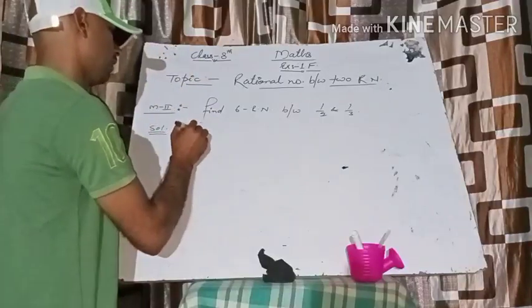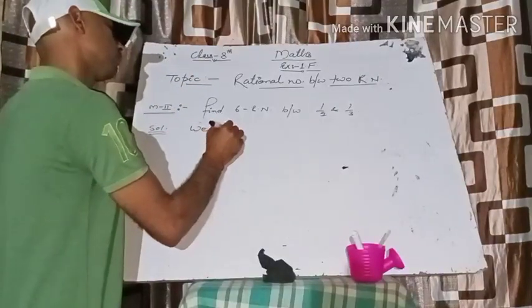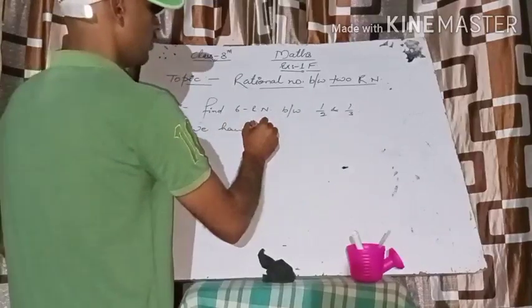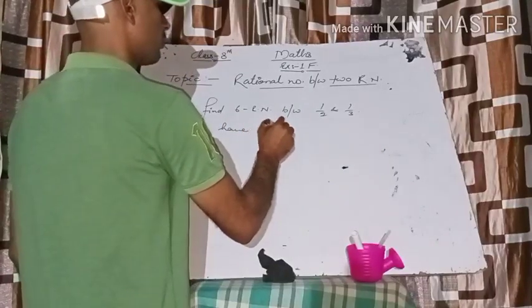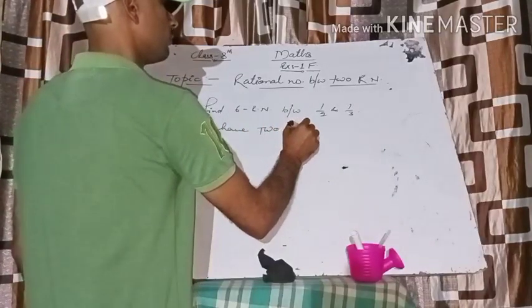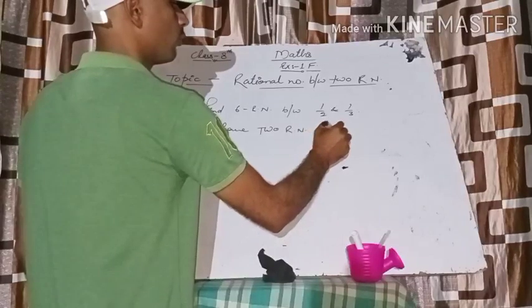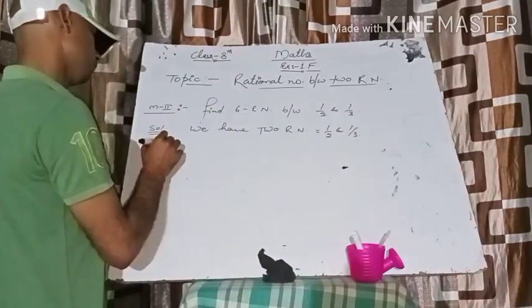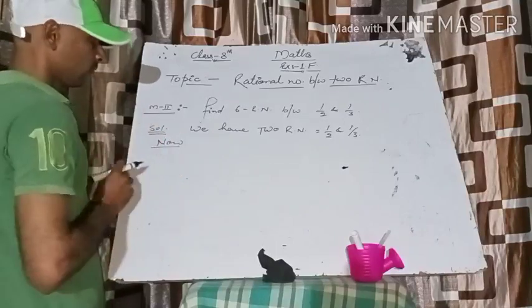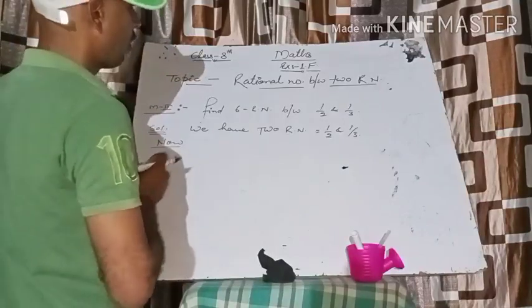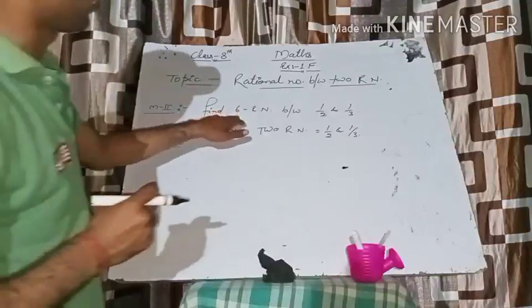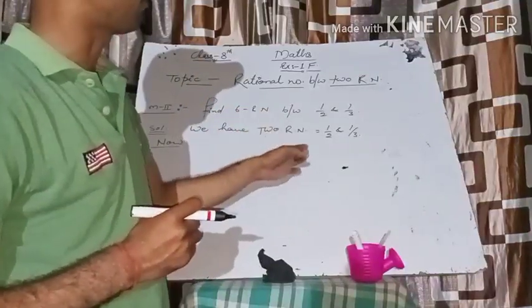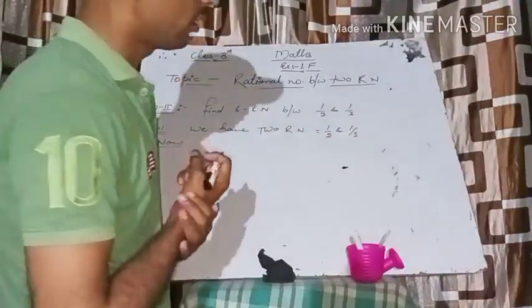We have two rational numbers, 1 upon 2 and 1 upon 3. How many rational numbers do we have to find here? 6. So we will multiply by 7 in both the numerator as well as the denominator.